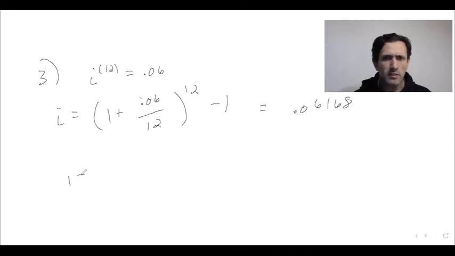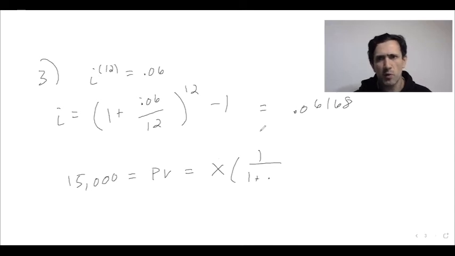So in this case, 15,000 is the present value. And the formula is just X times 1 plus your interest rate, your equivalent effective annual interest rate, raised to the 10th.